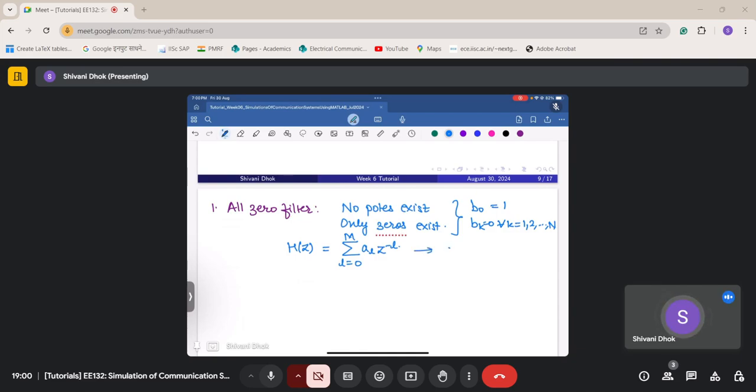So this has only zeros and no poles. Such a kind of filter is an all zero filter.